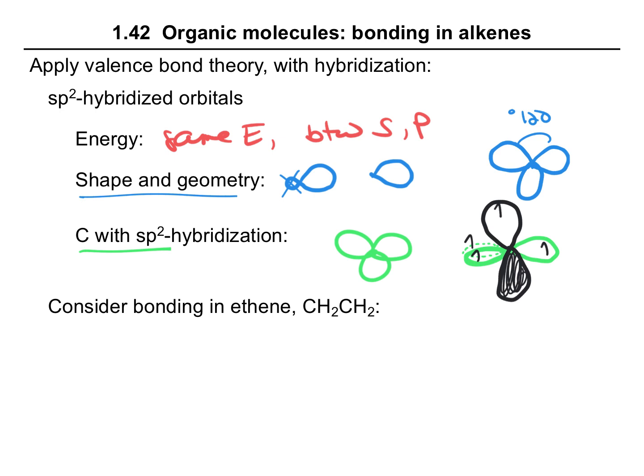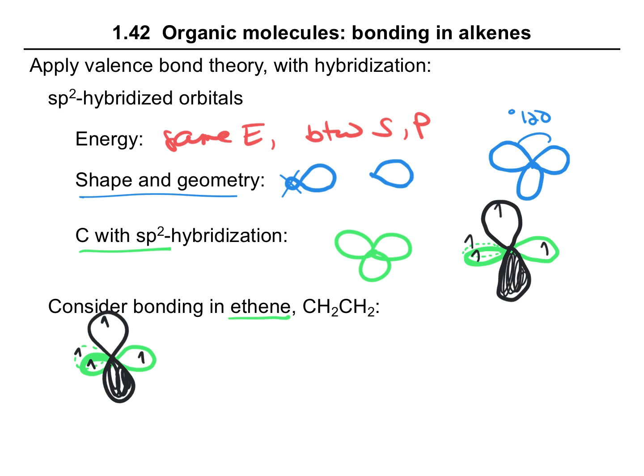So as we consider the bonding in ethene, which is also called ethylene, let's say this is our first carbon, and this is an sp2 hybridized orbital. This is an sp2 that's going back behind the screen, and this is an sp2 orbital that's coming in front of the screen. And this is the p orbital. Now keep in mind, all of these orbitals are half-filled.